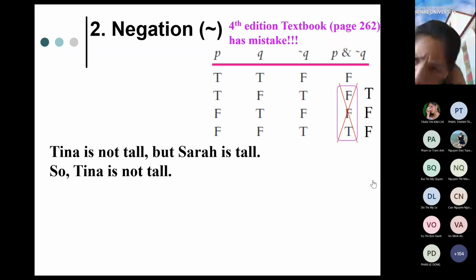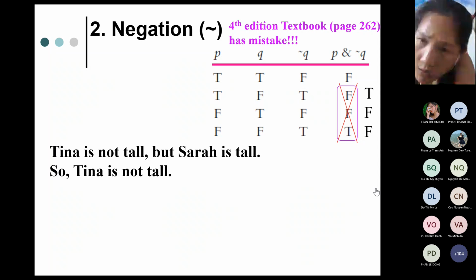And the conjunction symbol is too small, Thu Anh. Okay, make it bigger next time. And she put the asterisk for the third column, and the last column is the conclusion. And she said that she checked the third row, and this is a valid argument. Or she checked the third or the fourth, both of them.